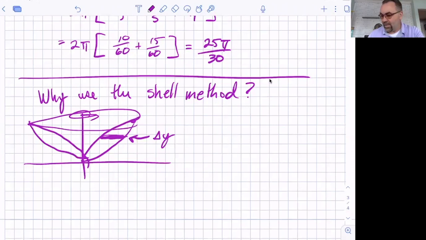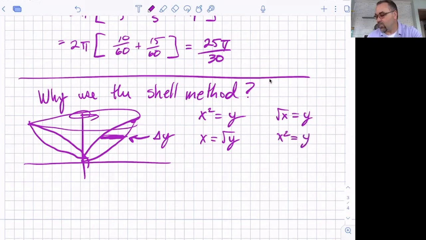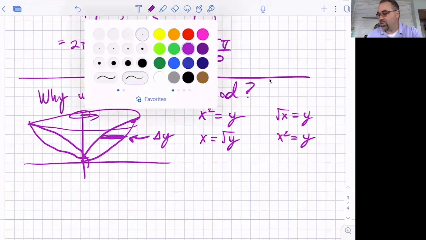Because if you have x squared equals y, then you have x equals the square root of y, for your outside radius. And if you have square root of x equals y for your inside function, then you have x squared equals y for the small radius. And so you can just put those in on here.